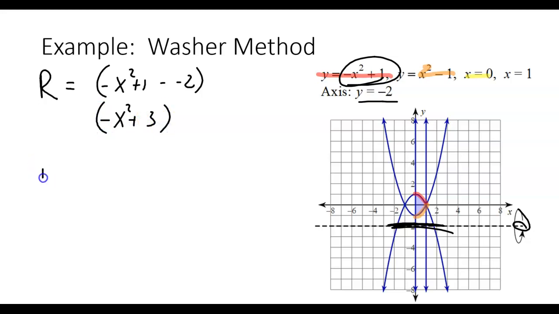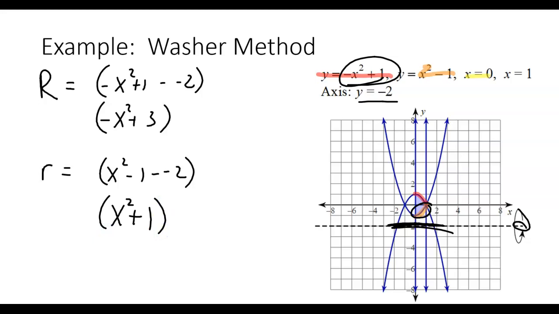Okay. Next, let's find our little radius. That's the orange one. The orange line is closer to the axis. So that's going to be x squared minus 1, right? Minus a negative 2. And if we simplify that one, we get x squared plus 1.